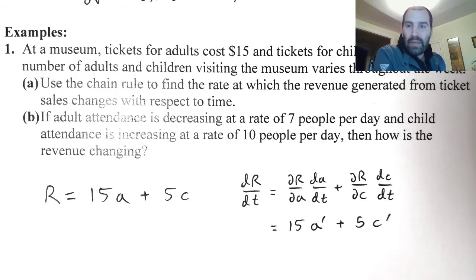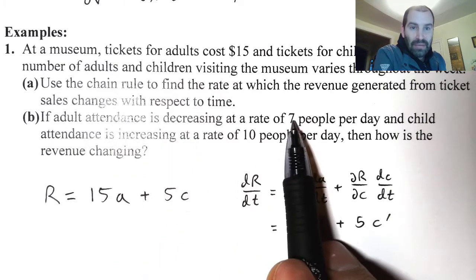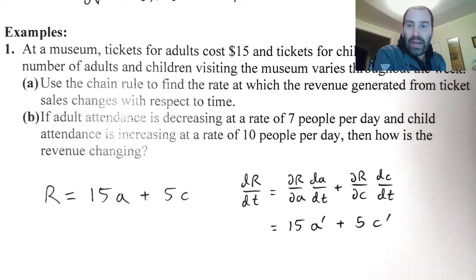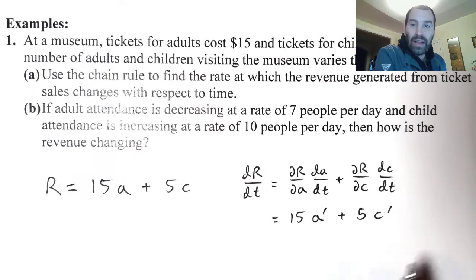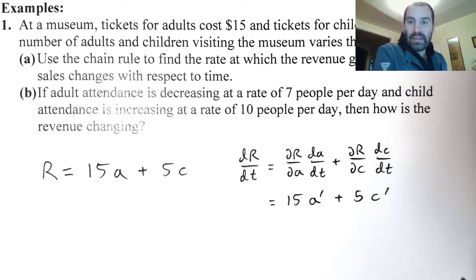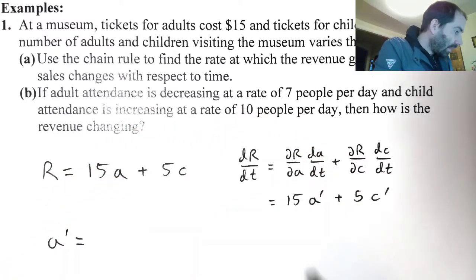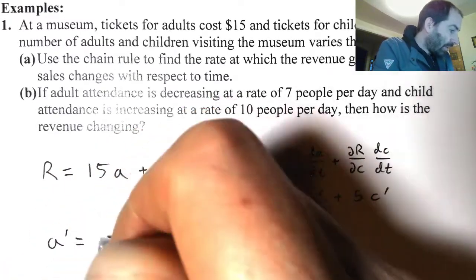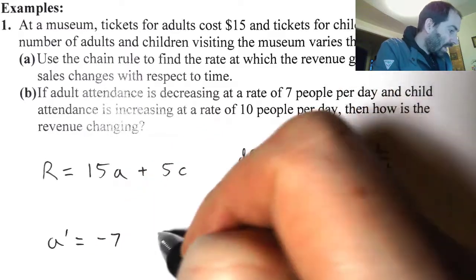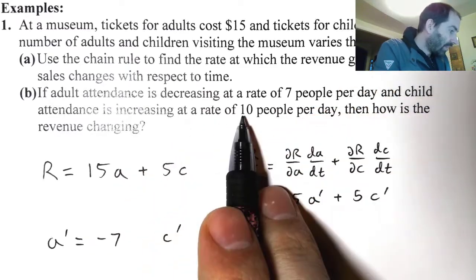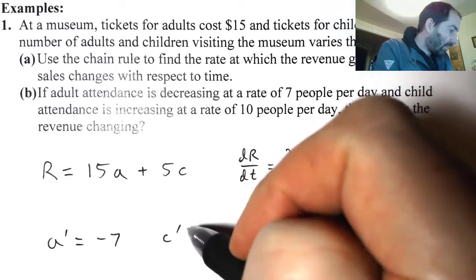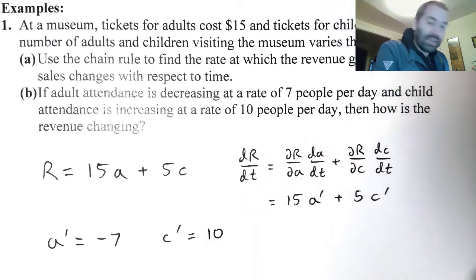Part B: if adult attendance is decreasing at a rate of 7 people per day, and child attendance is increasing at a rate of 10 people per day, how is the revenue changing? What they're telling us here is that A prime is decreasing at a rate of 7 per day, so that's -7, and C prime is increasing at a rate of 10 per day, so that's +10.